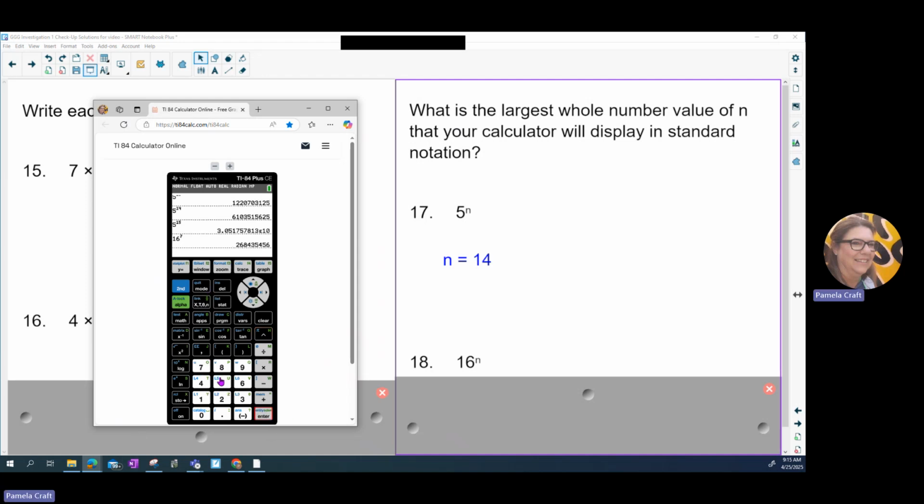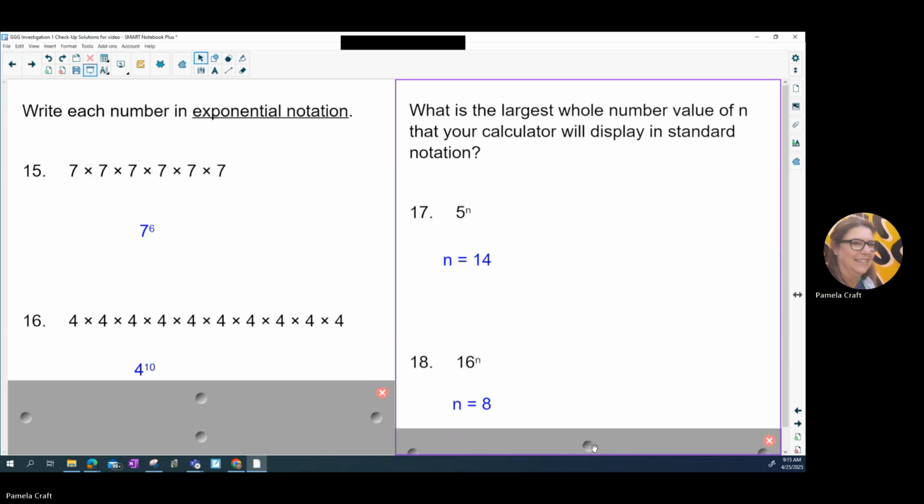Not scientific notation, so let's go 16 raised to the power of 8. 16 raised to the power of 9. At 9, we get scientific notation, so we go back up to that 8. That would be the last time in standard notation. So n would be 8.